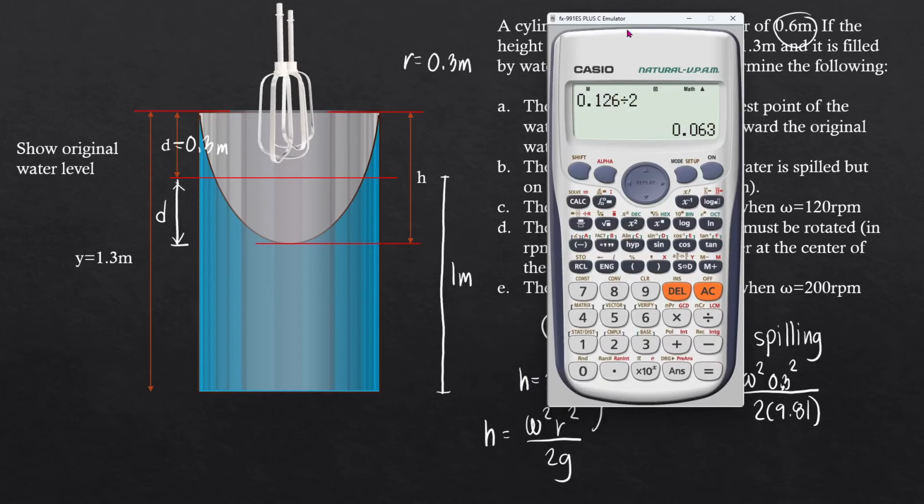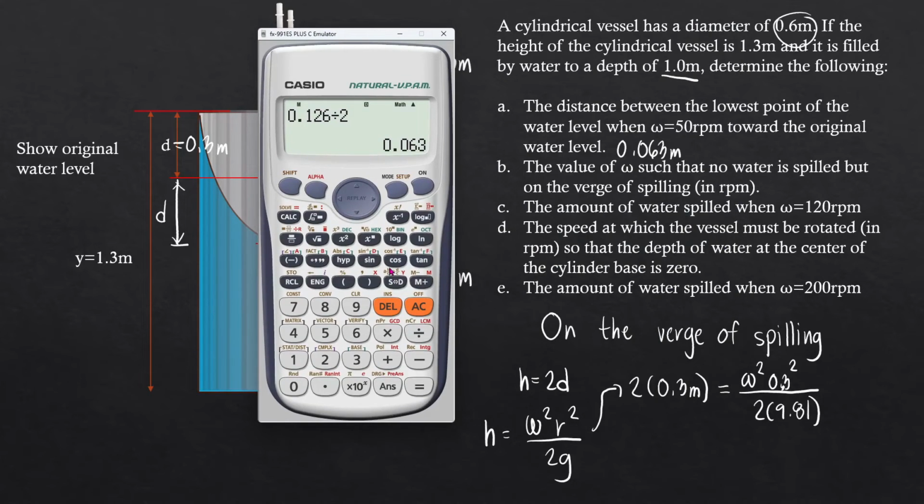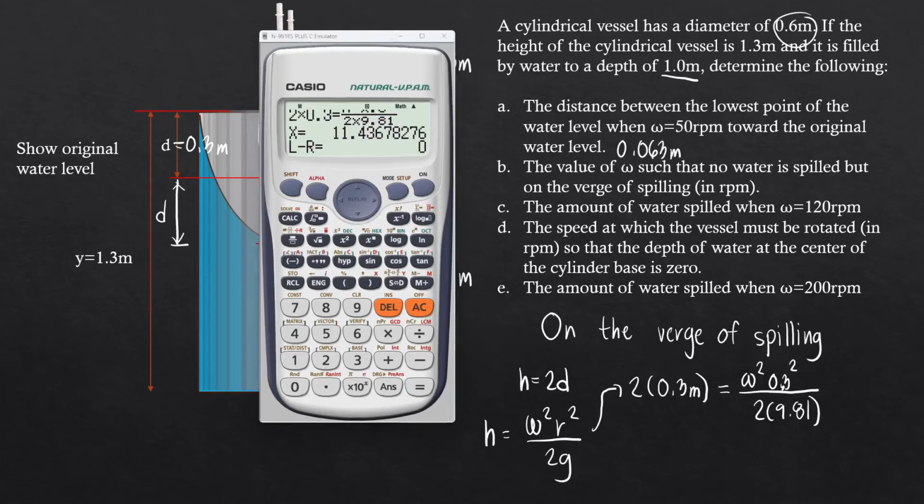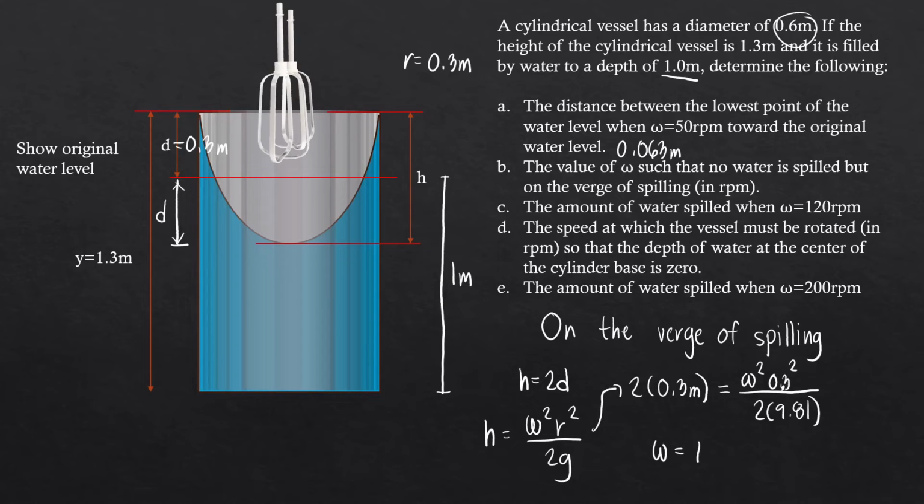For the purpose of simplification, let me just call this W. So 2 times 0.3 equals W squared times 0.3 squared divided by 2 times 9.81. This gives us W equal to 11.44 radians per second.